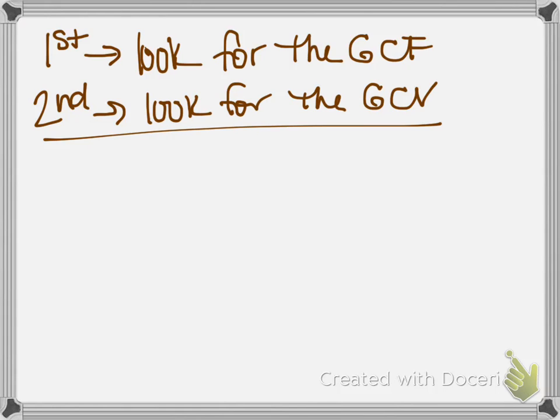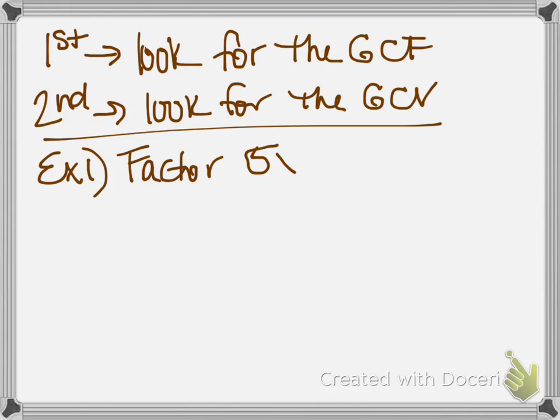So, example 1, if we're factoring 5x plus 15, first thing I'm going to look for is that GCF, greatest common factor. So I look at my coefficients, 5 and 15. What is the greatest number I can divide into both of those and still get a whole number out of it? And the answer is 5.